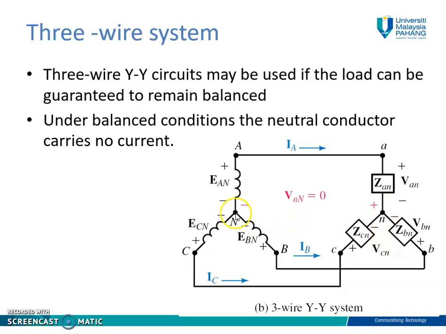We don't have the neutral line in between here. So the 3-wire Y-to-Y circuit may be used if the load can be guaranteed to remain balanced. Under balanced condition, the neutral conductor carries no current. So that's why we do not need the neutral line here.